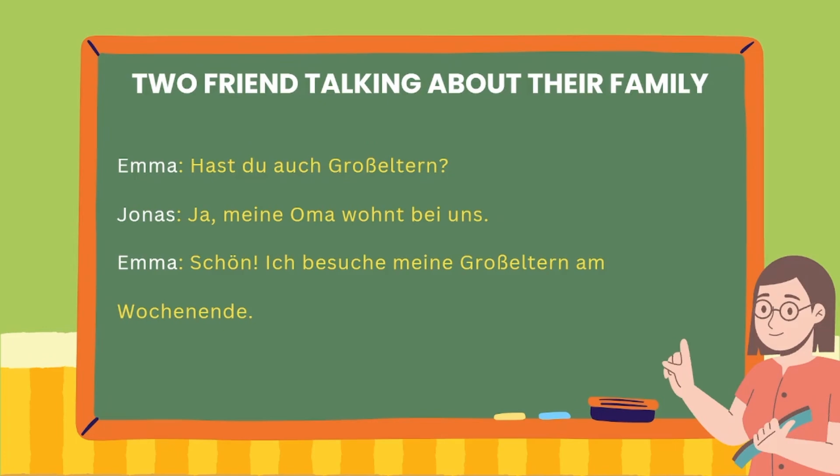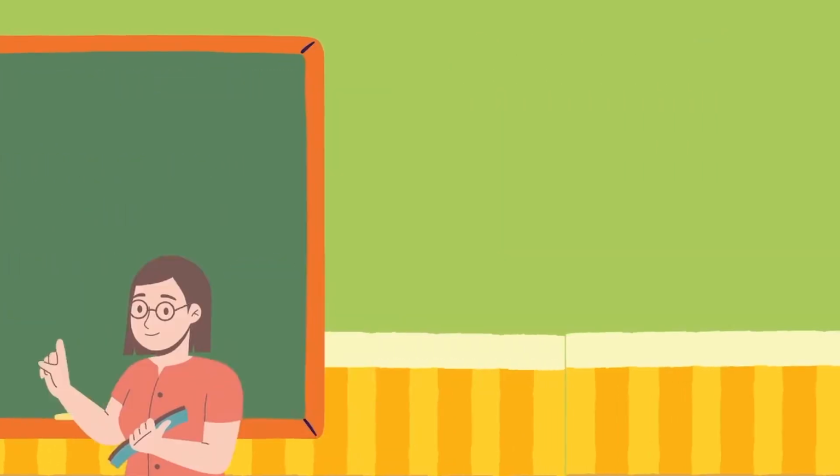So Johannes said, "Yes, I do have grandparents. My grandmother lives with us." Emma replied, "Schön, ich besuche meine Großeltern am Wochenende." Schön means beautiful. I also visit my grandparents on weekends. So you can say the grandparents of Emma don't live together with them. This is the conclusion I could draw.